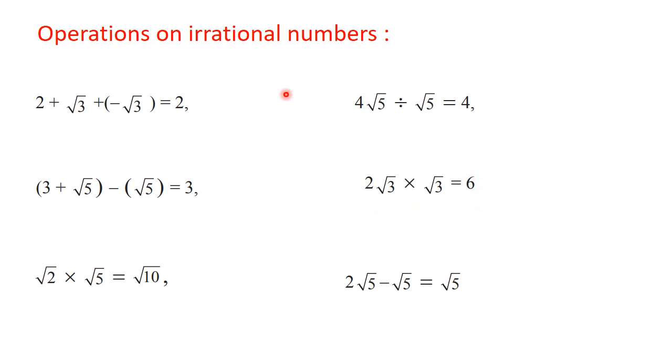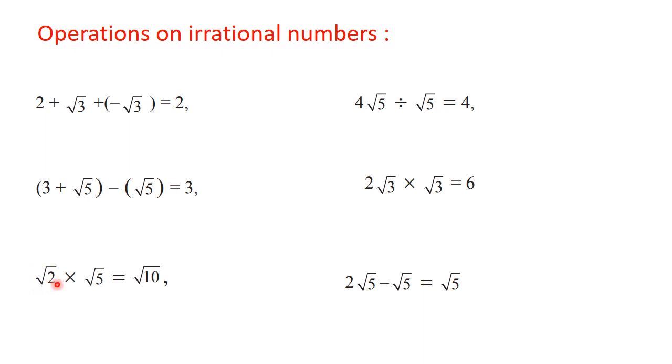So in all these 4 cases, one is an example of addition, one of subtraction, one of division, one of multiplication. So the division, multiplication, addition or subtraction of two irrational numbers may be a rational number. It is not true everywhere.